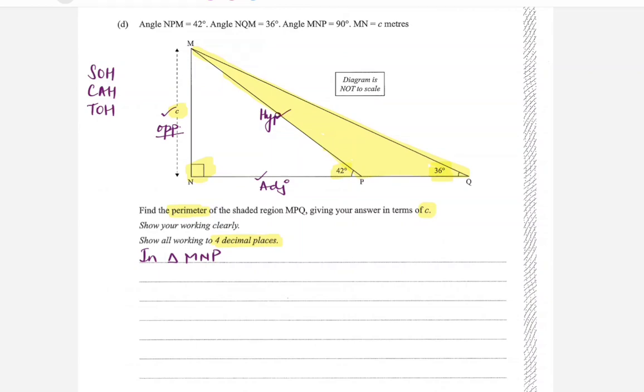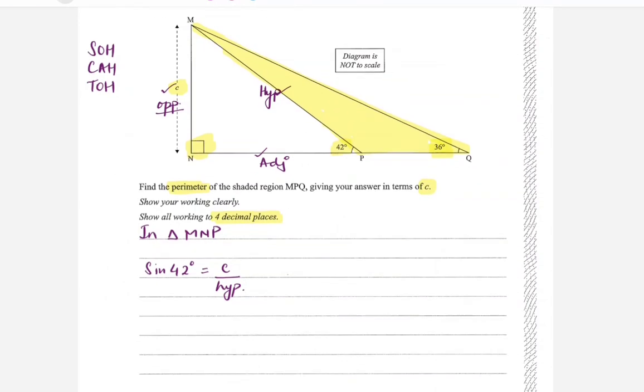So here, if I have sine 42 degrees, sine is opposite, which is C, over hypotenuse. Let us write the hypotenuse as a length, MP. It's going to be easier that way. So MP is equal to C over sine 42, right?